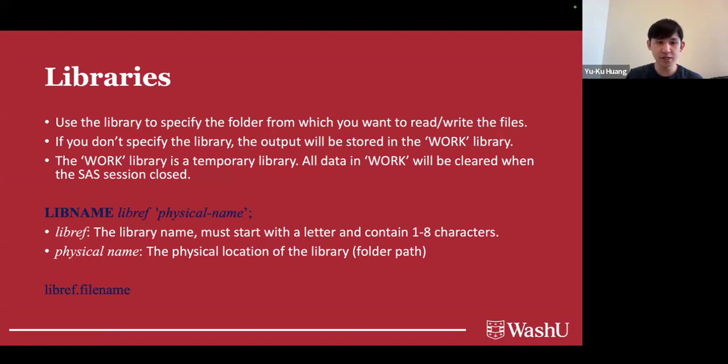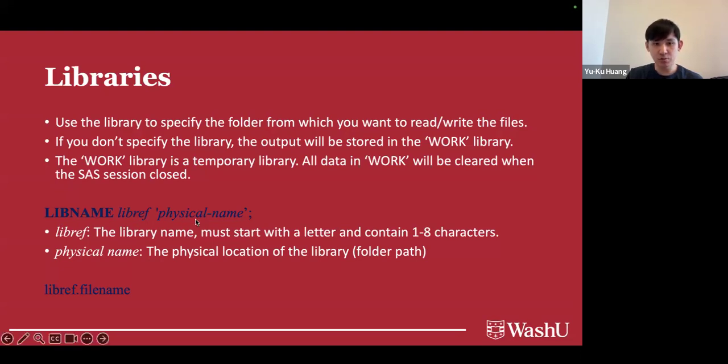So in order to create a permanent library, you can use this syntax right here. The libname, this is the statement, and this library is the library name you want to give it. It must start with a letter and contain only 1 to 8 characters, including letters and also digits.